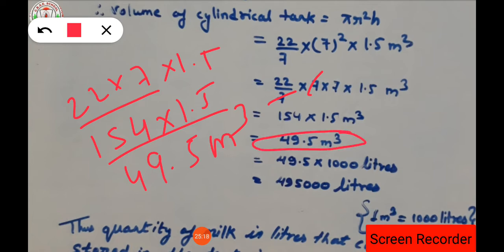But in the question it is said that we have to find the answer in liters, isn't it? So 1 meter cube is equal to 1000 liters. That means this 49.5 will be multiplied by 1000 in order to get the result in liters.